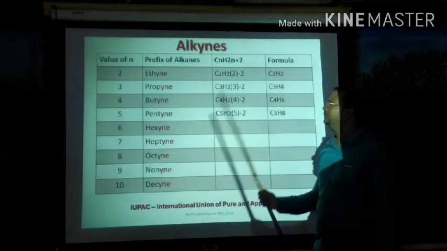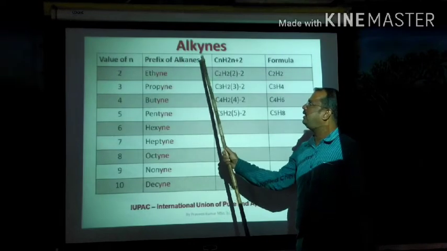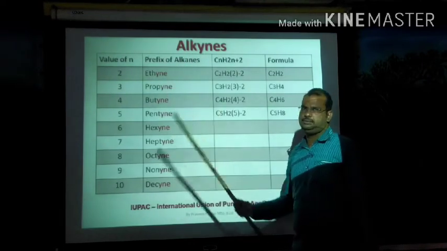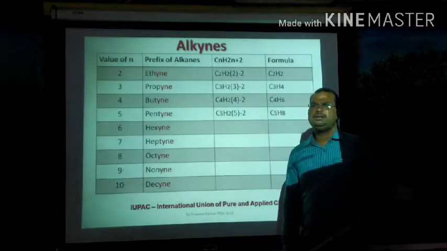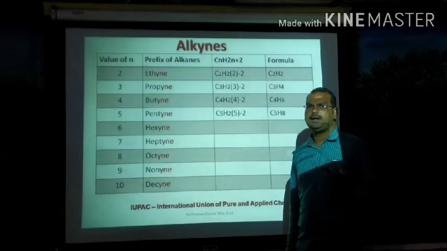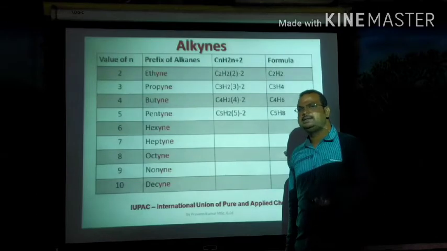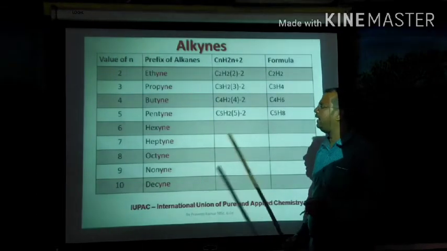Here the first member of alkynes is ethyne. Remember, methane is the first member of alkanes, whereas ethene and ethyne are the first members of alkenes and alkynes.